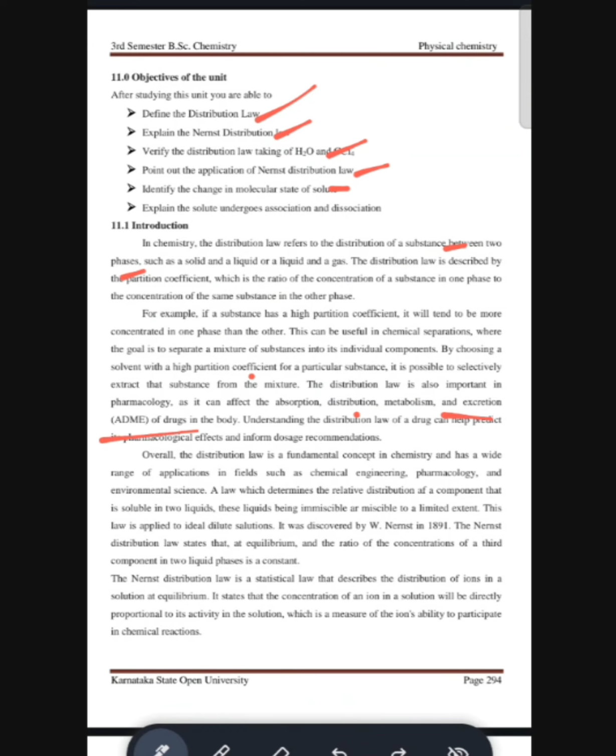So these are the ADME properties of the drug. ADME means absorption, distribution, metabolism, and excretion. These are the properties which are important in the preparation or synthesis of a drug, and in how it is going to act inside the body.